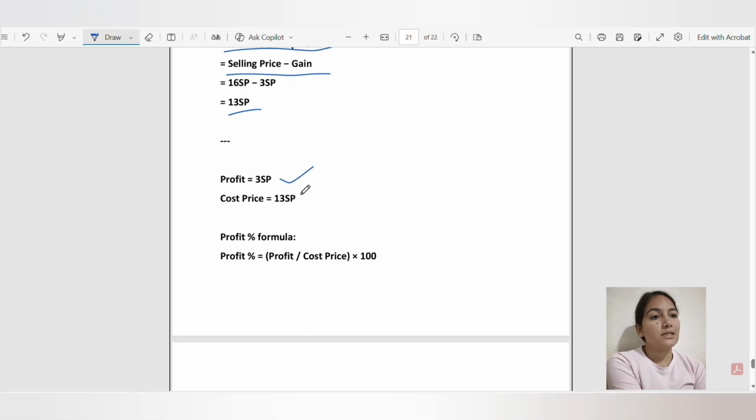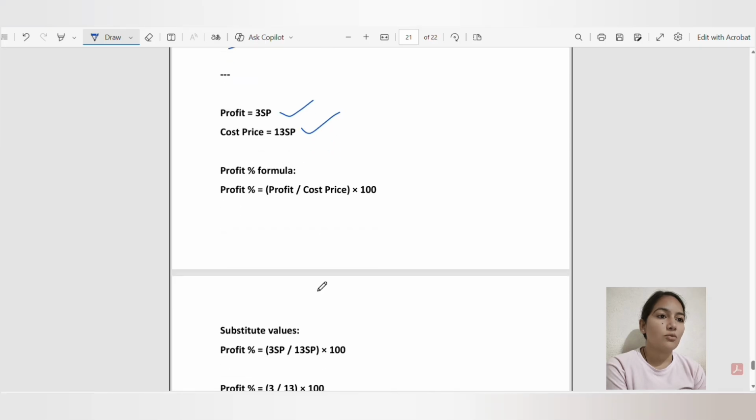Now the profit percentage formula: profit percentage is profit divided by cost price into 100. In place of profit, you can also say gain. So gain percentage is equal to gain upon cost price into 100.